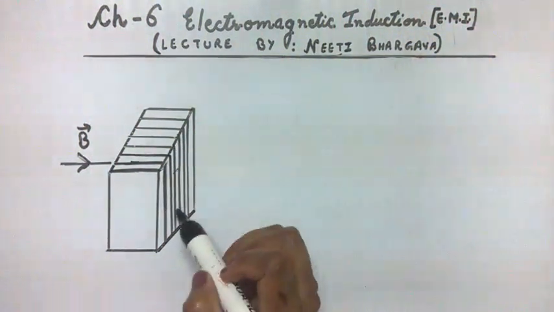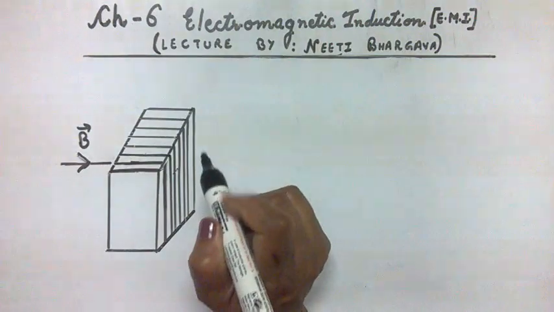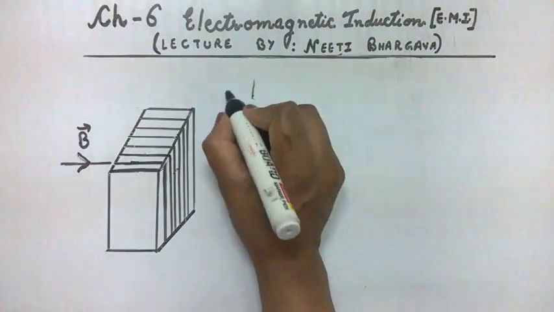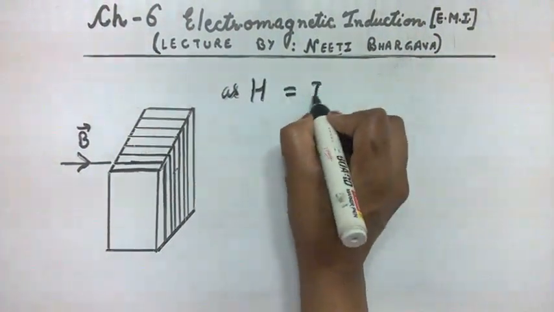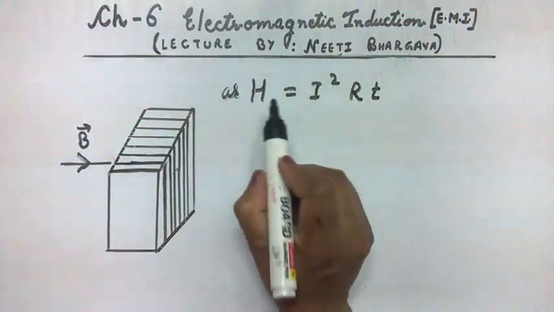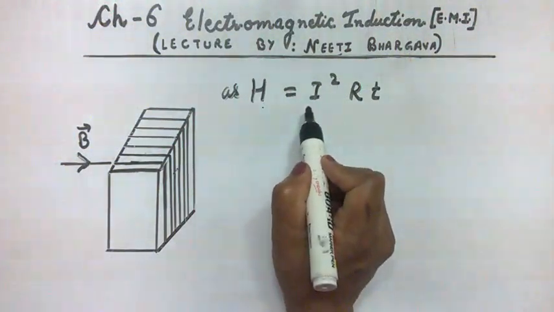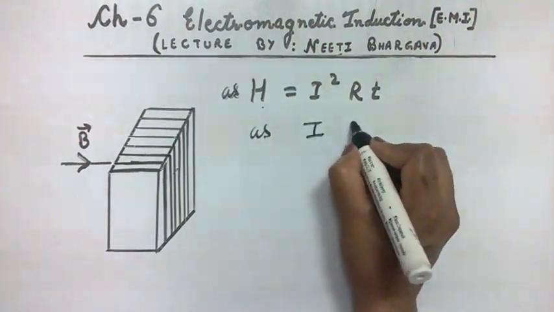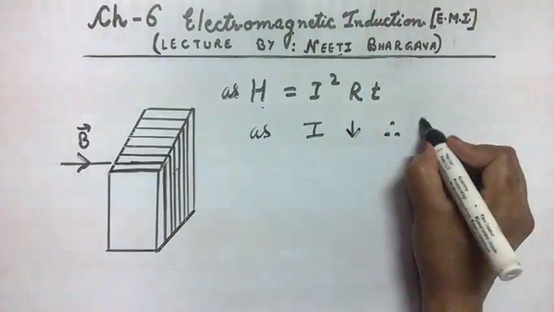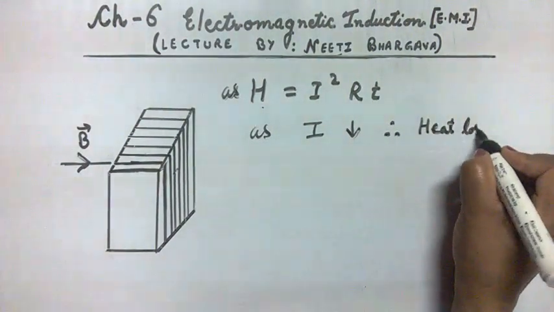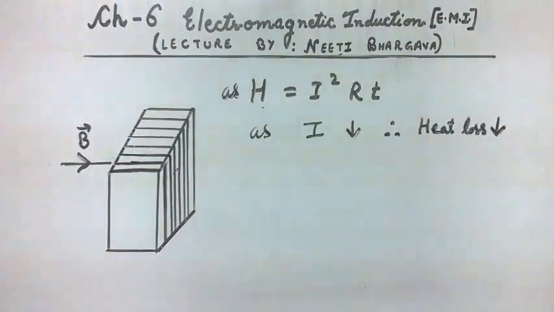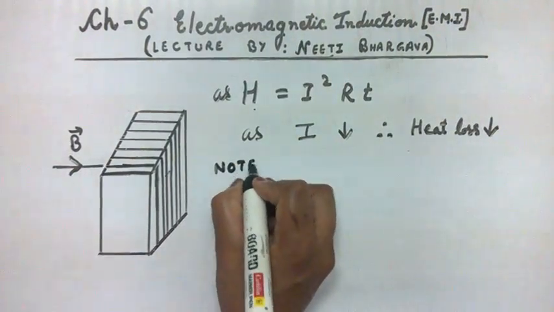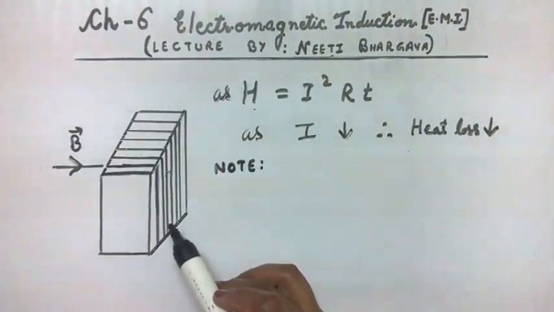Therefore, the metallic core decreases eddy currents, and as we know from Joule's effect of heating, H is equal to I square RT, that is, heat loss depends on the square of the electric current, and here as the eddy current decreases, the heat loss also decreases. From the above study, we can note that eddy currents cannot be completely eliminated.